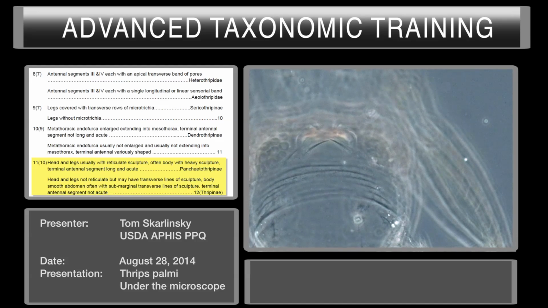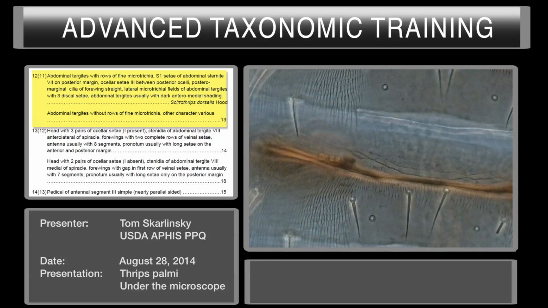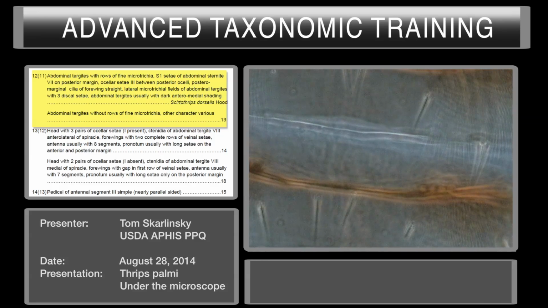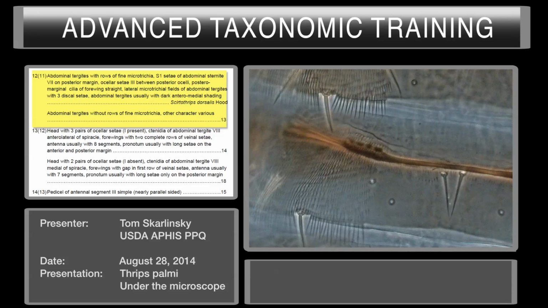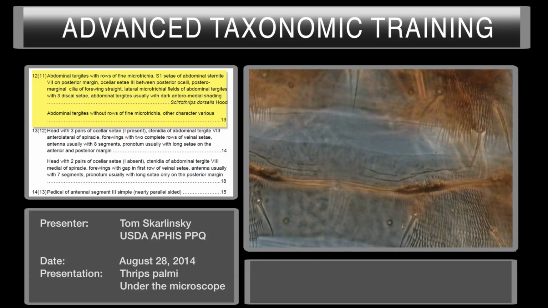So let's move to couplet number 12. Couplet 12 concerns the abdominal tergites with rows of fine microtrichia. Here's an example of some fine microtrichia on the abdominal tergites, from a species of a subfamily that has this character.